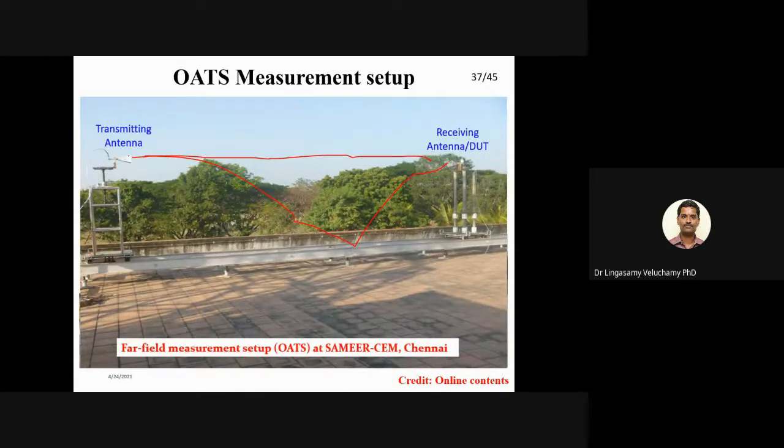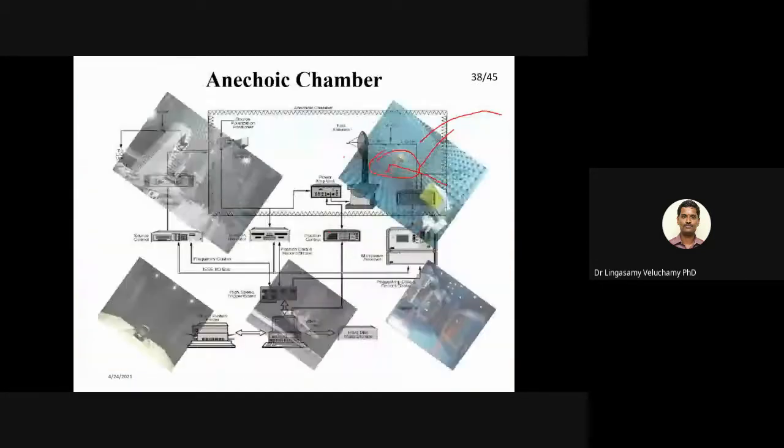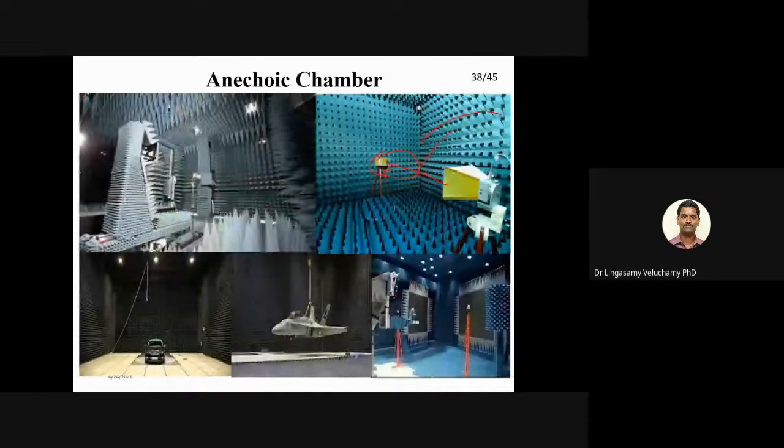Due to climatic conditions, the received signal may be affected. So in order to avoid that, we go for the anechoic chamber. Here, if a wave impinges on this place, it gets absorbed by the absorber, so we ensure that whatever the receiving antenna receives is actually transmitted from the transmitting antenna, not reflected or multipath signals.